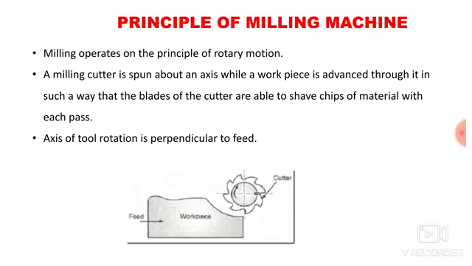The axis of the tool rotation is perpendicular to the feed. So when you are using a vertical machine, the axis of the cutter is perpendicular, and if it is a horizontal milling machine, then it is parallel.